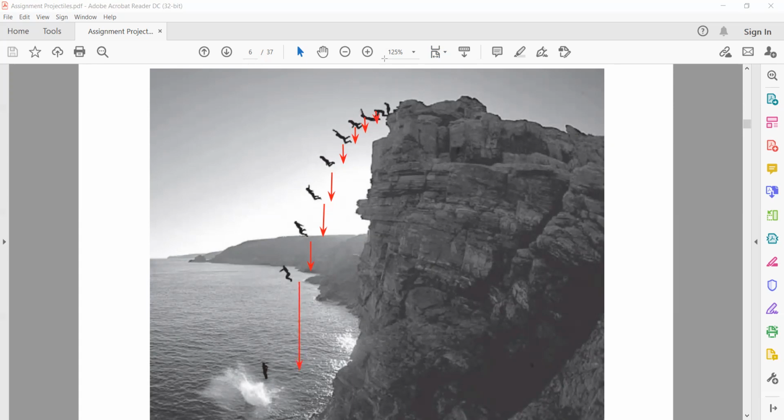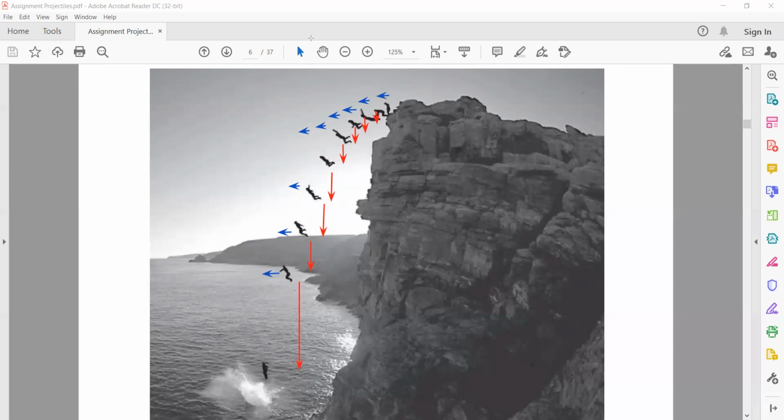Between each picture, so what it shows about the projectile, if you ignore the first, because he's not jumping in the first one, is that all have the same horizontal displacement. So what is the reason?